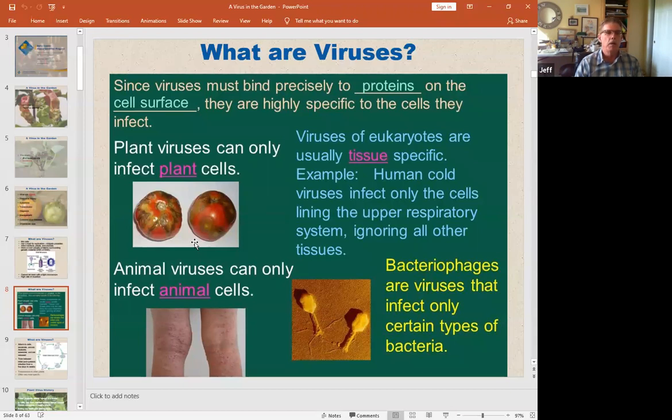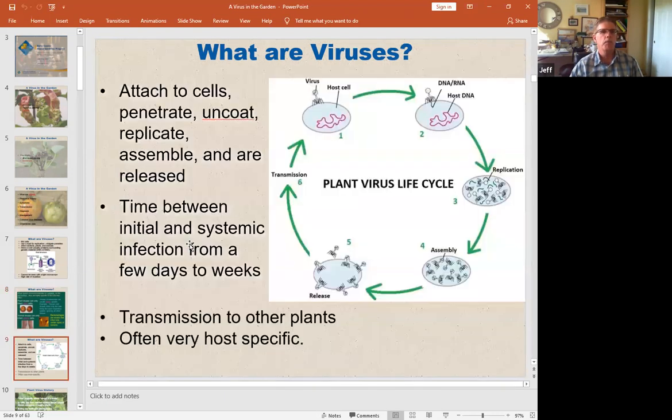And beyond that, in eukaryotes, those are things that are not bacteria, not the lower microorganisms, they can be very specific, like cold viruses affect only the lining in the upper respiratory system, and plant viruses are similar.